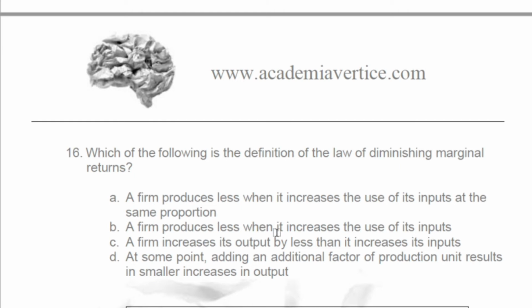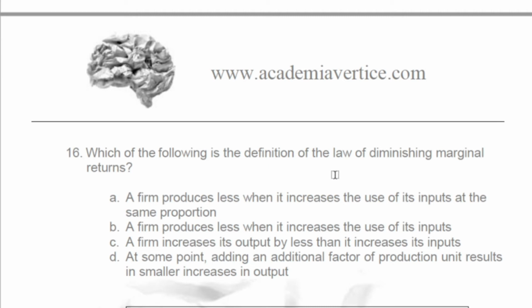A firm produces less when it increases the use of its input? No. A firm increases its output by less than it increases its input? No, this is more or less the definition of decreasing returns to scale.